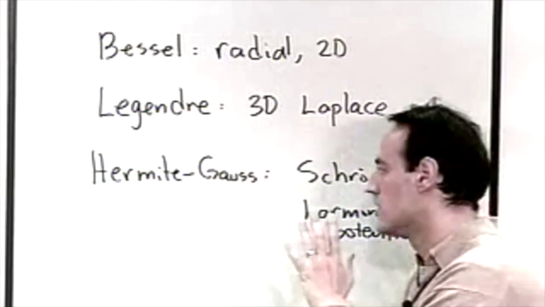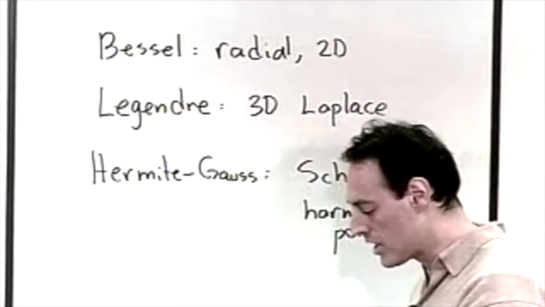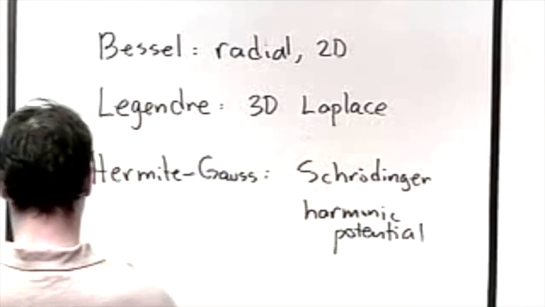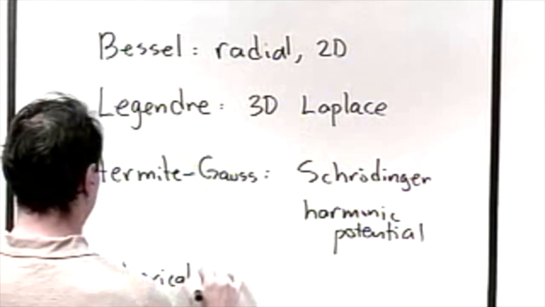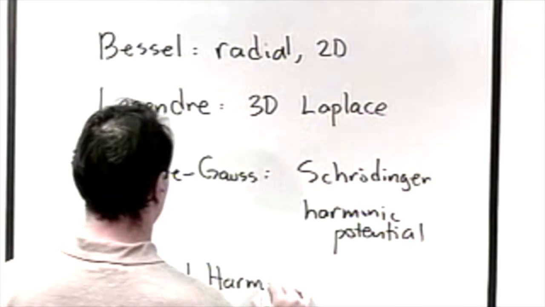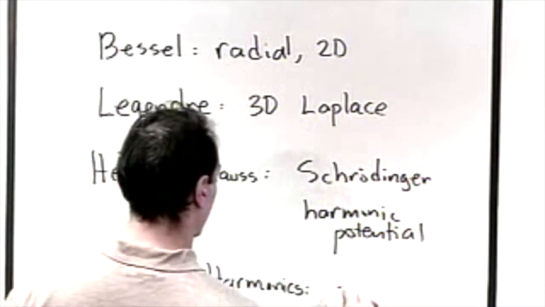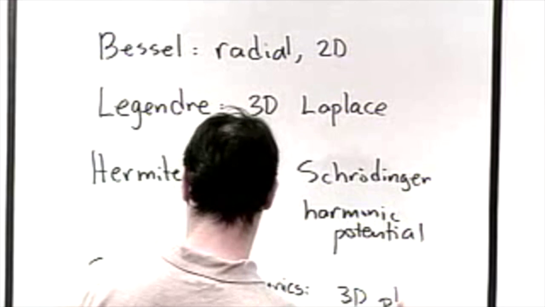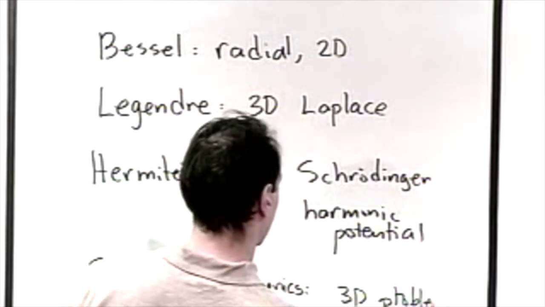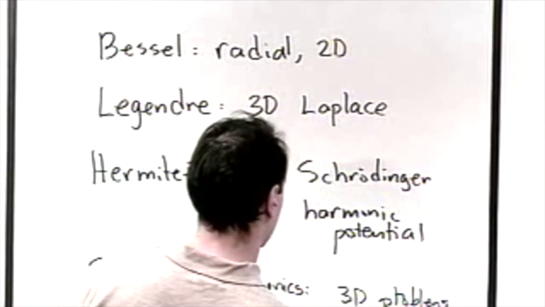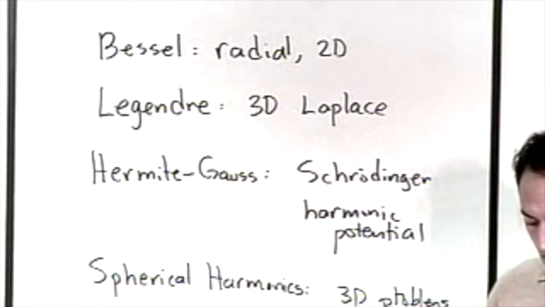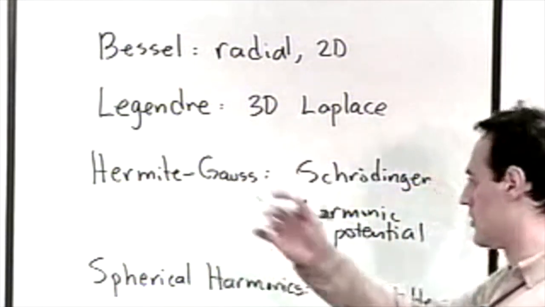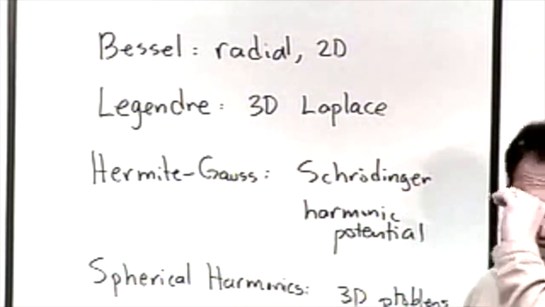So let me write down a couple more here. Spherical harmonics for 3D problems with some kind of radial symmetry. And then finally, our Chebyshev polynomials, which we're going to do on 1D bounded domains.